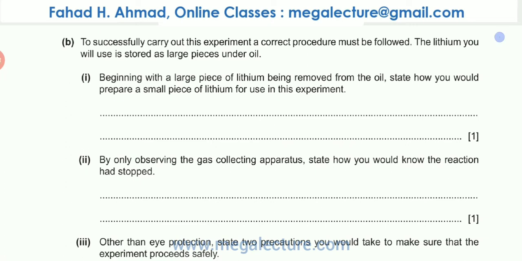So let's try and answer this. What you're going to do is cut with a knife. If you remember your O levels, group 1 metals are soft. So they can be easily cut with a knife, and then you're going to remove the oil as well. So that's just a 1 mark simple question. Most of the questions in P5 are going to be very, very simple.